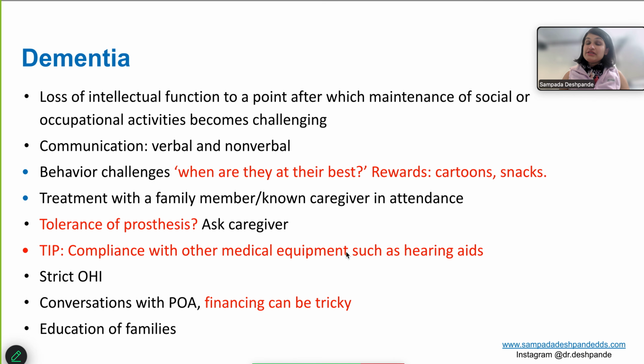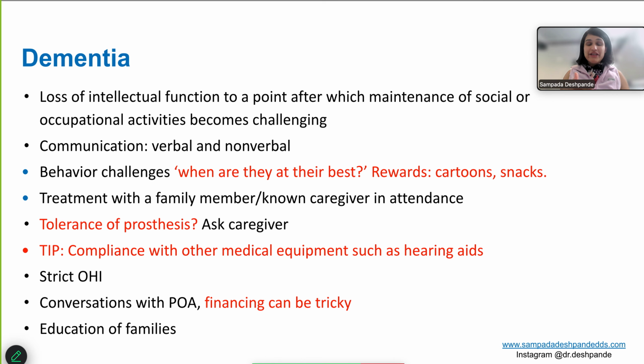A lot of patients are suffering from hearing issues, so make sure they have their hearing aids on, otherwise they're going to get so frustrated with you when you come in for their appointments. I have had this experience multiple times, so I know from experience to always ask if they have hearing aids, please let them wear it and let it be loud enough that they can hear me properly.